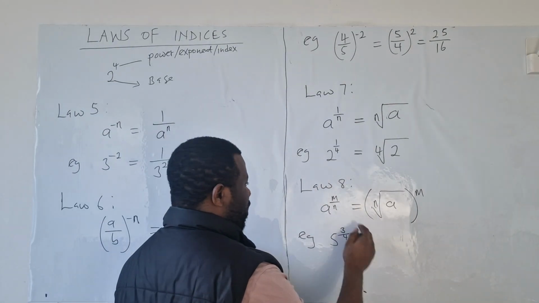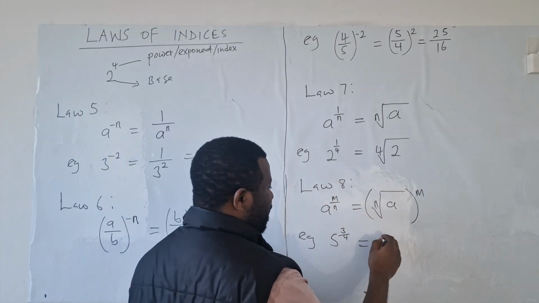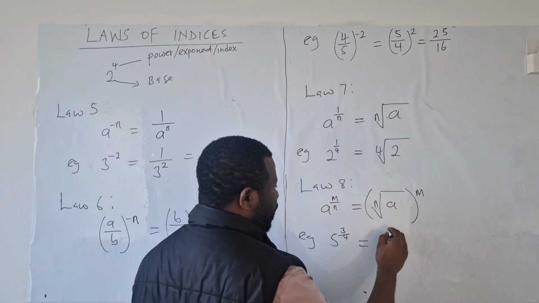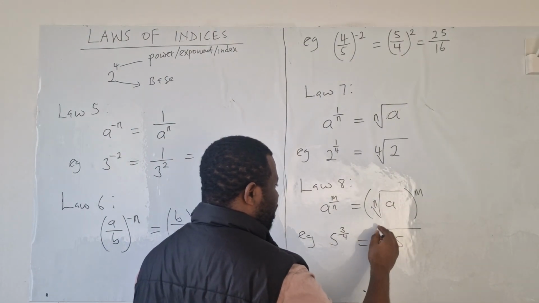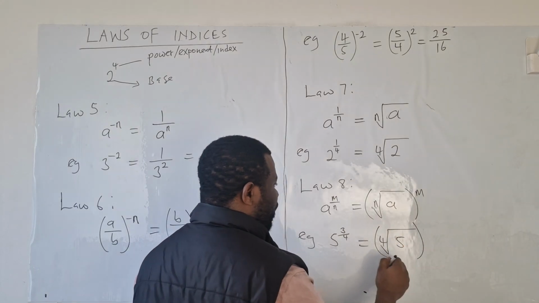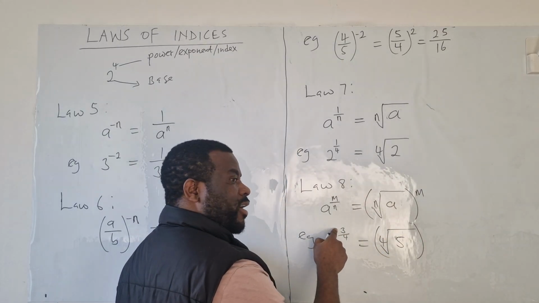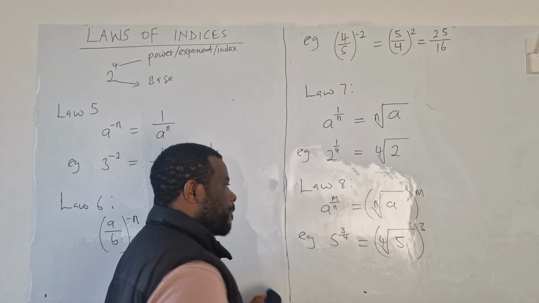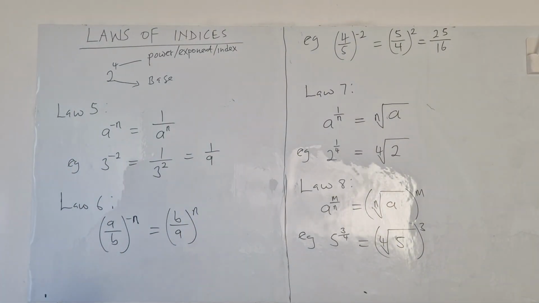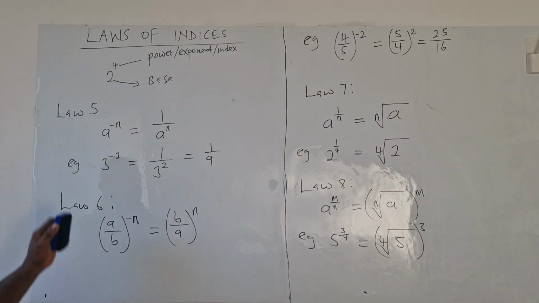And this one, according to the law, can be written as the 4th root of 5, all raised to the power, which is the numerator of the fractional power here. So raised to the power 3. I'm sure this is not difficult to understand at all.